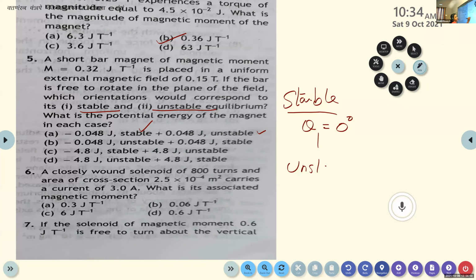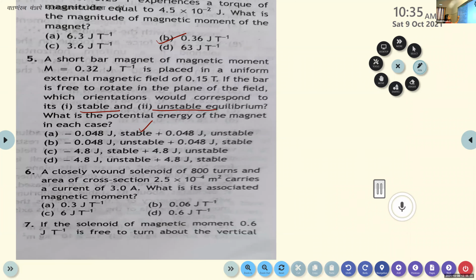For unstable state, the rotation theta 2 is equal to 180 degree. So the equation becomes U is equal to minus mB cos theta. Similarly, you can use these values for finding the work done for the stable state and the unstable state. So the correct option is option A, minus 0.048 joule stable and plus 0.048 joule unstable.